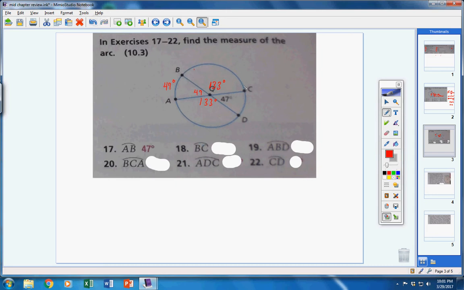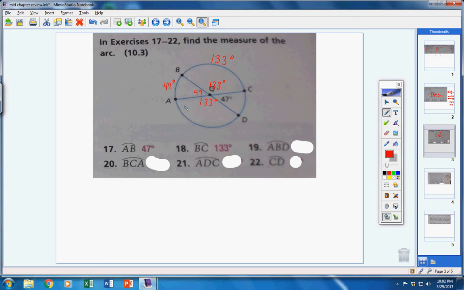So you know it's the smaller arc, not the bigger arc. So B, C. Now here's the central angle that forms that arc right there, and that central angle is 133. So the measure of arc BC is 133 degrees.